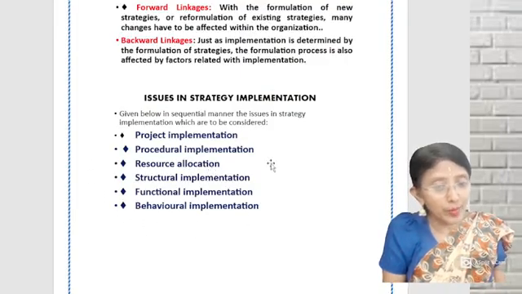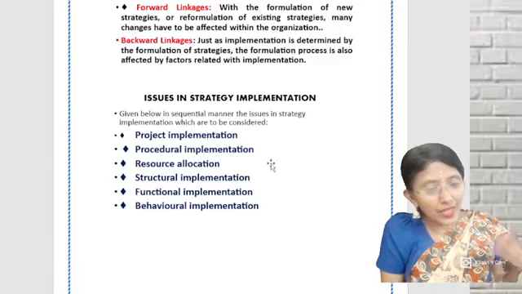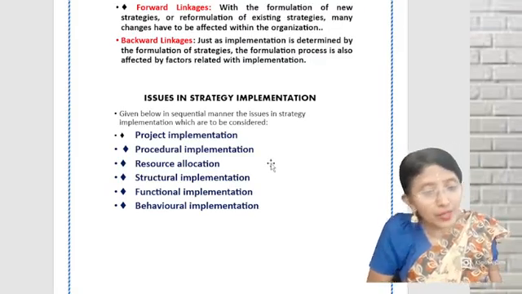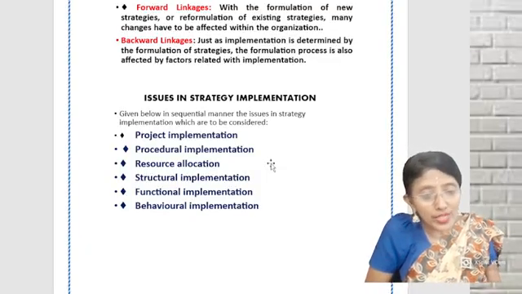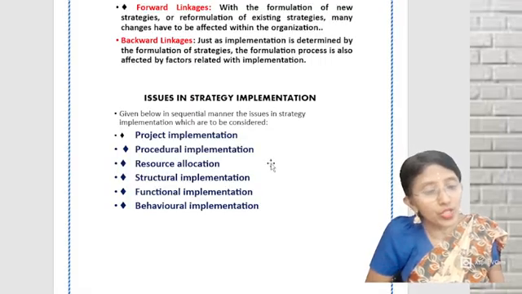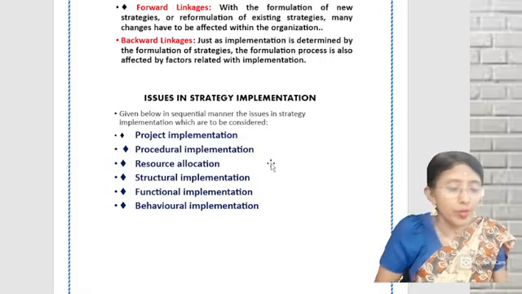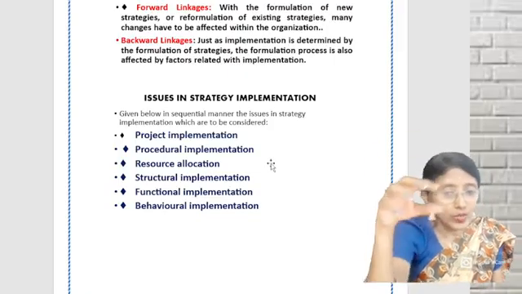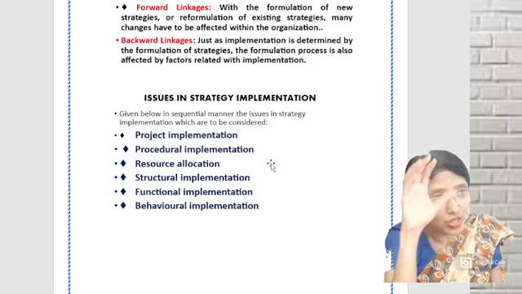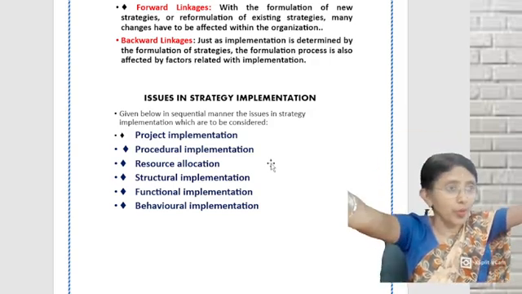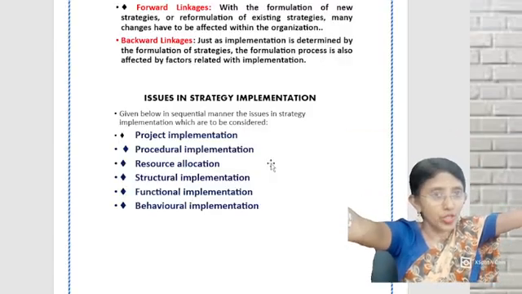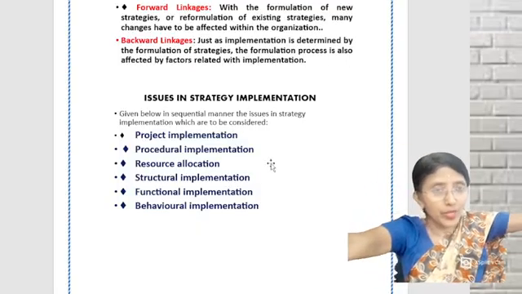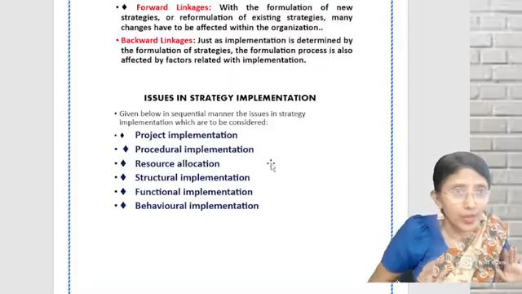Now, issues in implementation, where we saw different kinds of issues which can appear: project implementation, procedural implementation, resource allocation, structural implementation, functional implementation, behavioral implementation. So this is a sequence in which the issues in strategy implementation have to be considered. Project implementation issue, procedural implementation issue, resource allocation issue, structural implementation issue, functional implementation issue, followed by behavioral implementation issue.